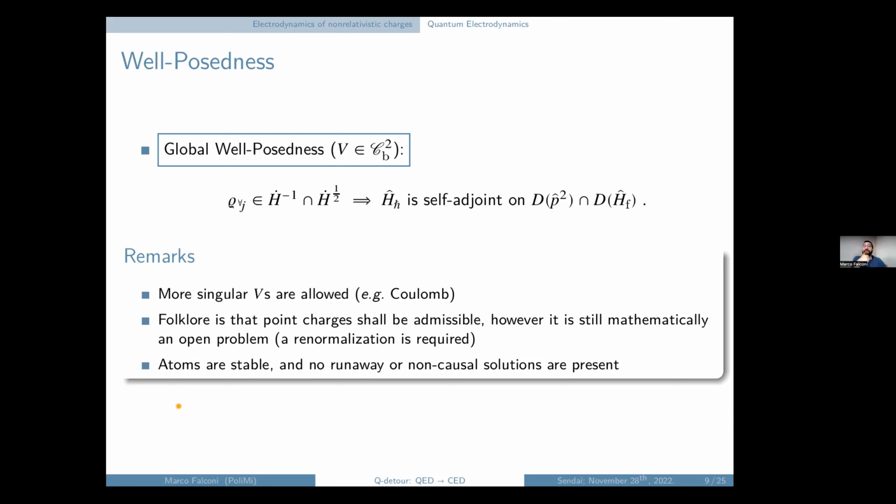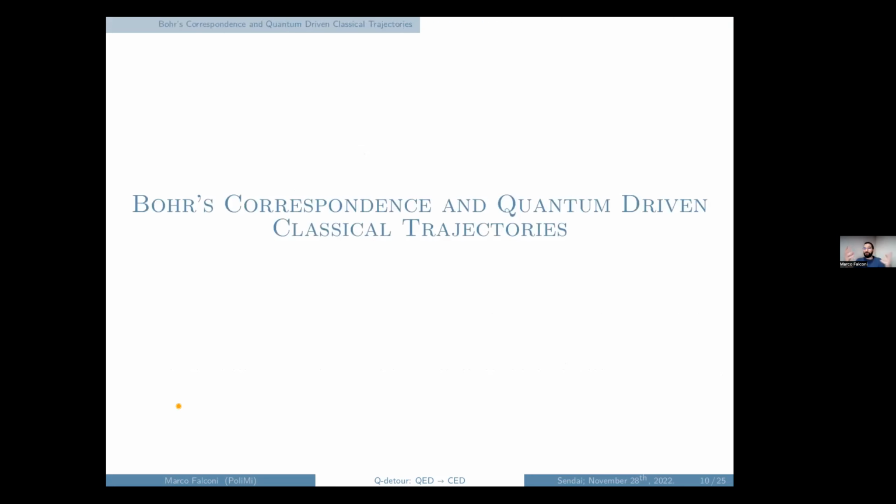So yes, quantum electrodynamics is a more fundamental and a more proper way of describing at least very small charges moving and interacting with the electromagnetic field. But still, there are some problems. Okay, so now that we have set the two points of view, let's try to put them together.